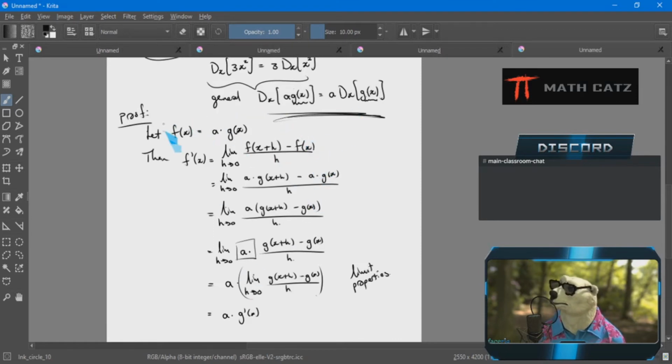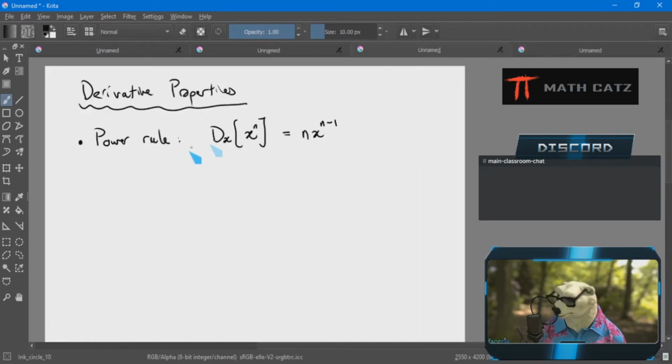So that applies when I have a function that is broken up into pieces, some constant, some number, times a function, another function. So I will call this the constant times a function property.